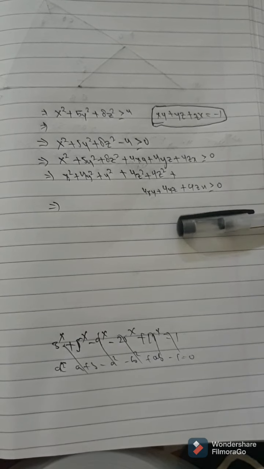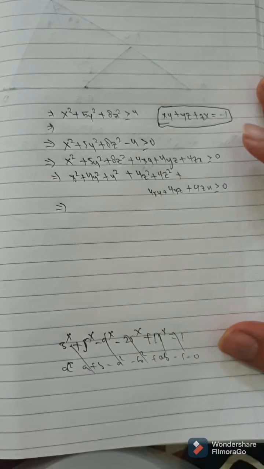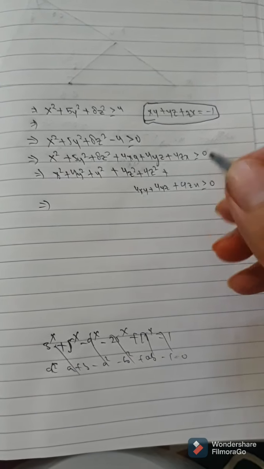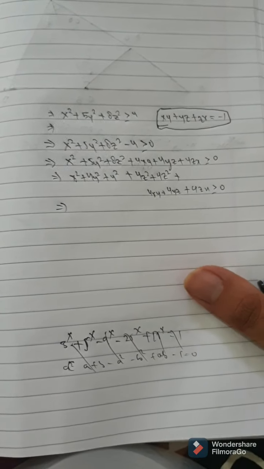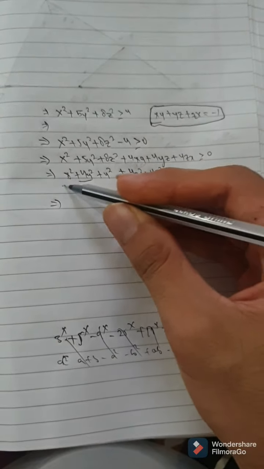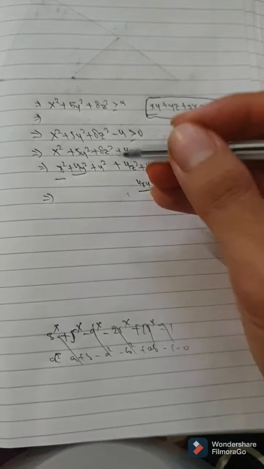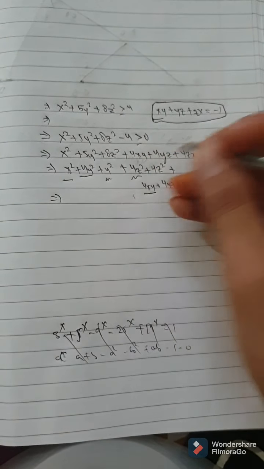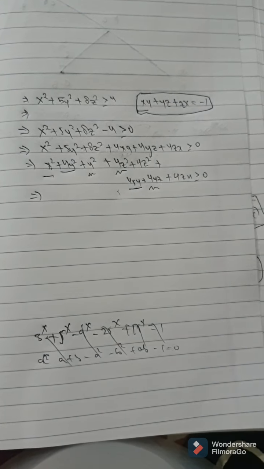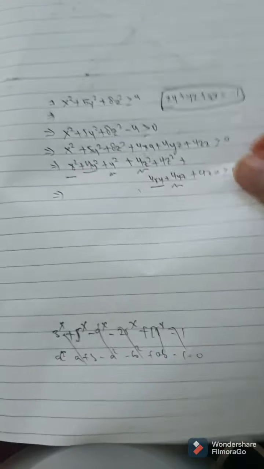See, x square, 4y square, 4xy, this is perfect, no problem. Y square plus 4z square, so we have 4yz for that. So x square plus 4y square plus 4xy, these three terms clubbed will make x plus 2y whole square, no problem. Y square plus 4z square plus 4yz will also make a perfect square, no problem. But what about 4z square plus 4zx? How would you prove this?